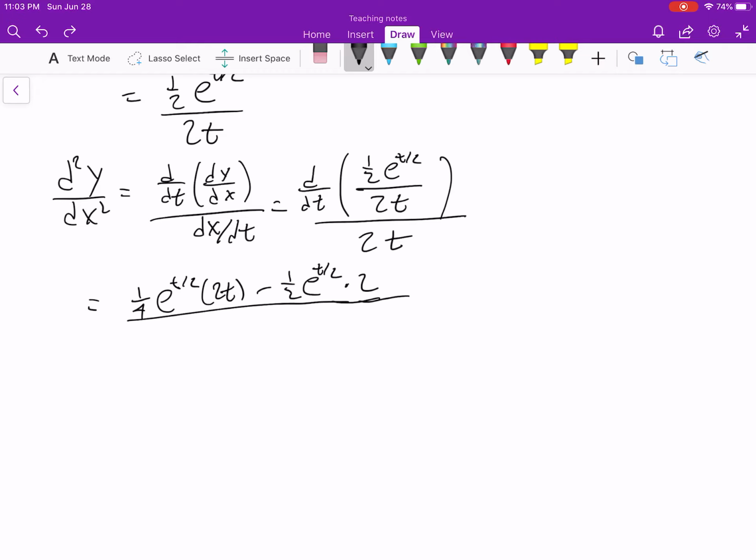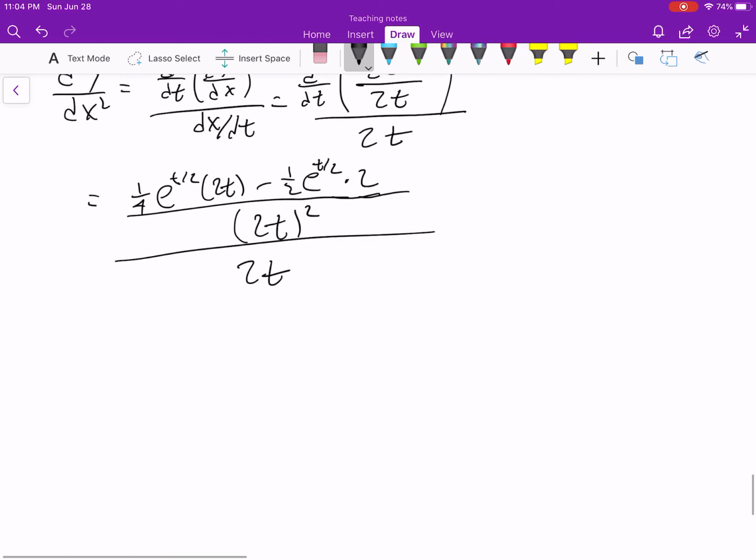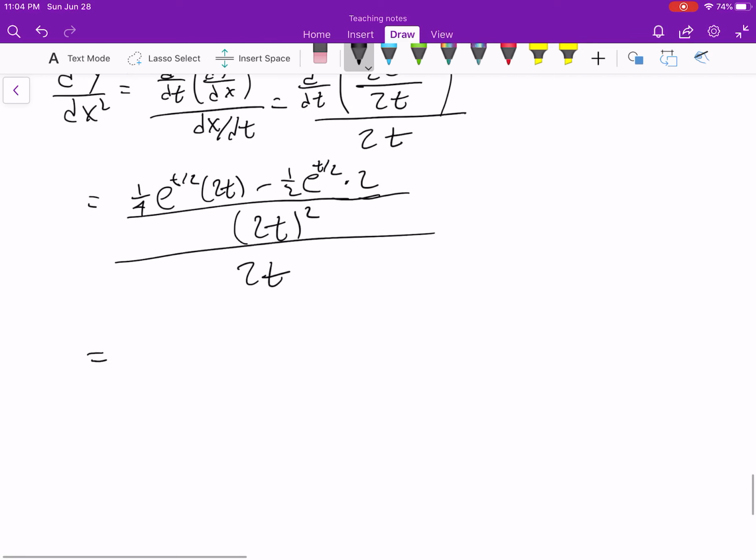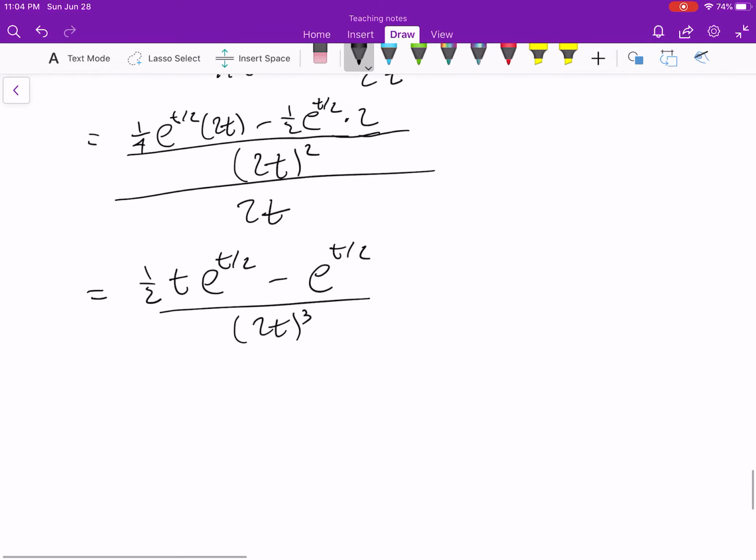So just chain rule again. So that's the derivative of the top there. I'm going to divide that by 2t. Simplify this a little bit. So this is going to be 1/2 t e to the t over 2 minus e to the t over 2, divided by 2t cubed.